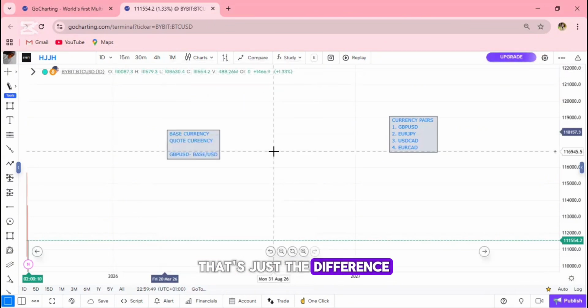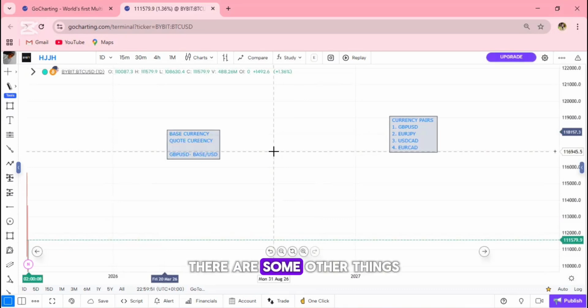That's just the difference. There are some other things when it comes to being a professional trader, but that is a topic for another day. Do you get?